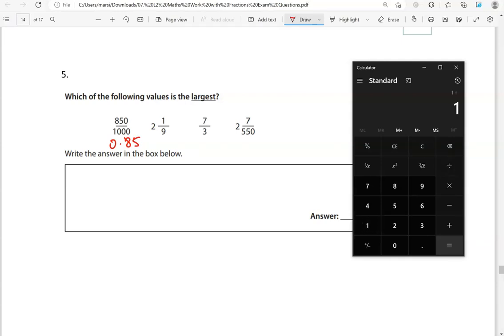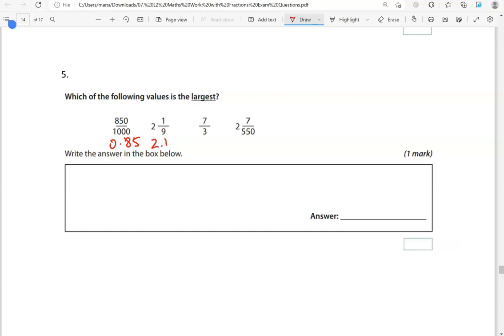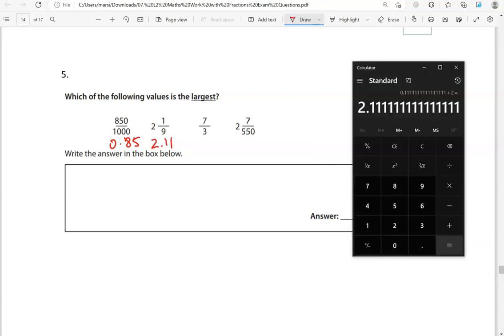So 1/9 first, so 1 divided by 9, add the 2, gives us 2.11. 7/3, so 7 divided by 3 gives us 2.33.